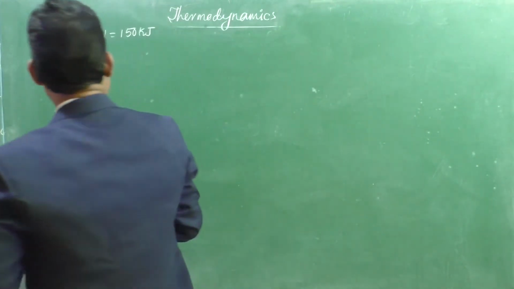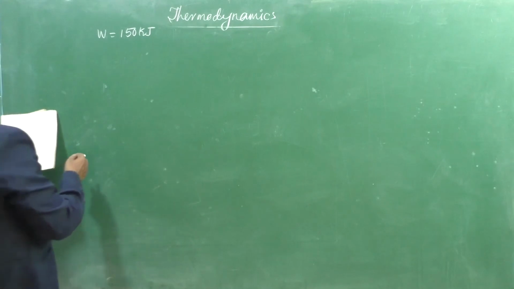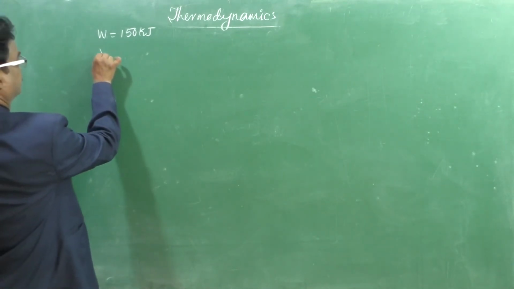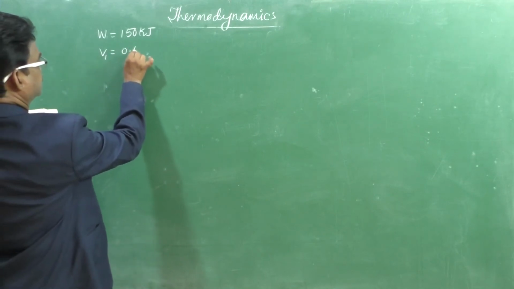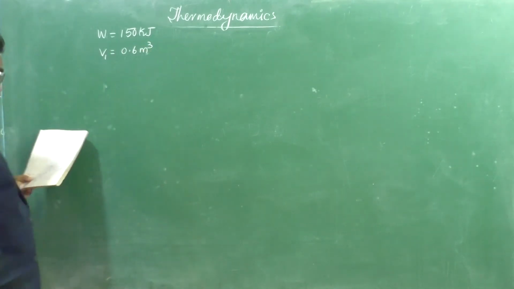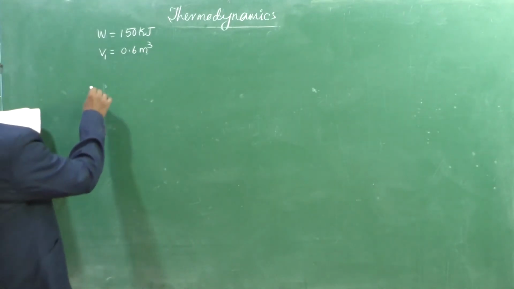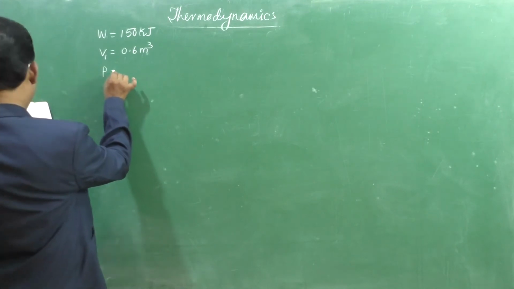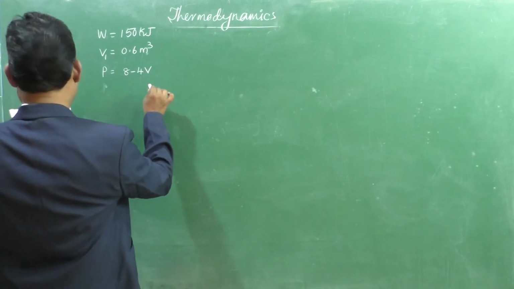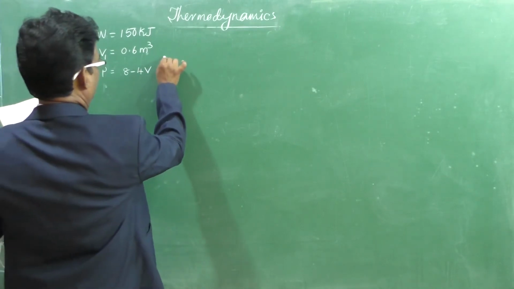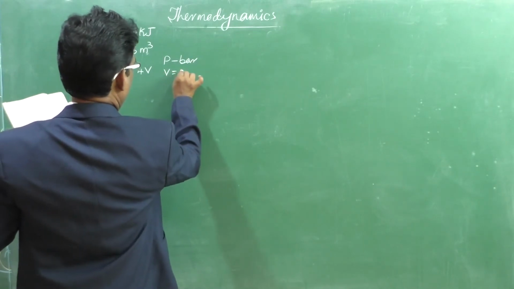Now note down the given data. The initial volume of the system V1 is equal to 0.6 meter cube, and the pressure of the system changes as per the governing equation P equal to 8 minus 4V, where P is in bar and V is in meter cube.